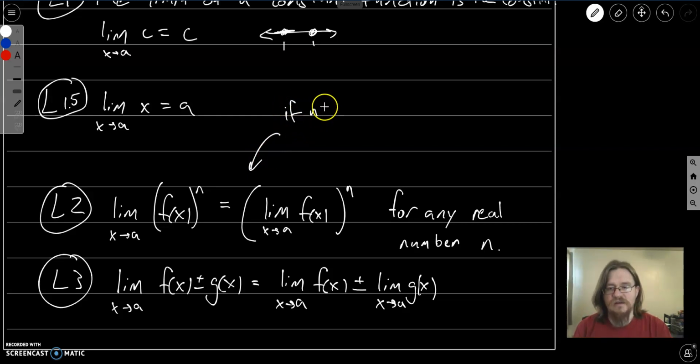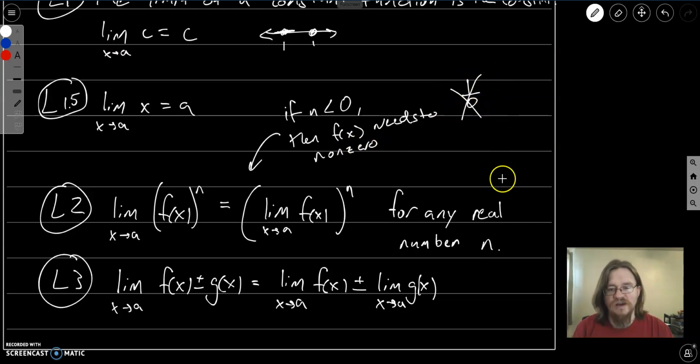If n is negative, then f of x needs to be positive or non-zero. Why? Well, if you take 1 divided by 0, we don't get a real number.